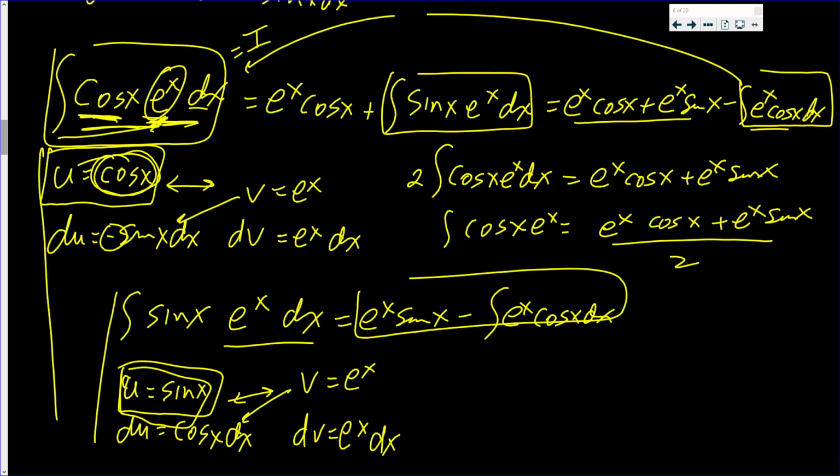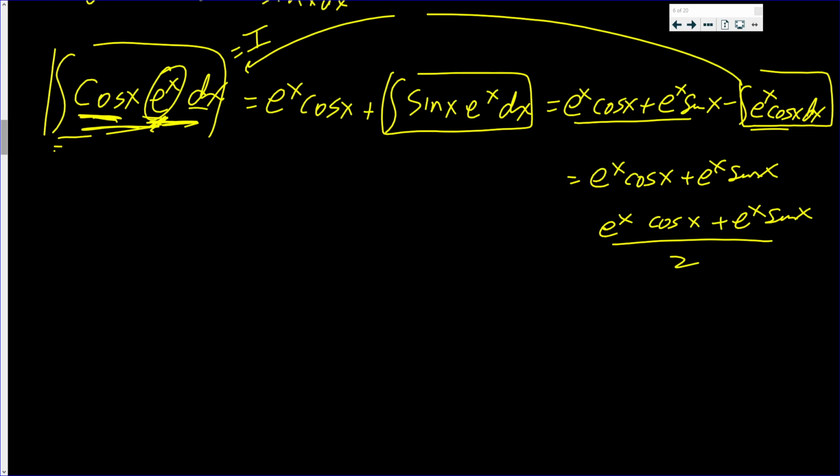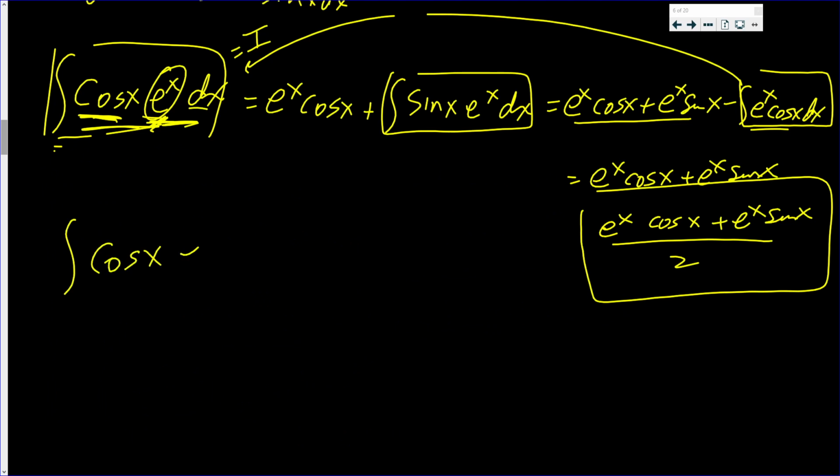Okay. Let us do this one. And there's the answer right here. That is the answer. And the integral is cosine x e to the x dx. Now, none of these are going to go to 0.